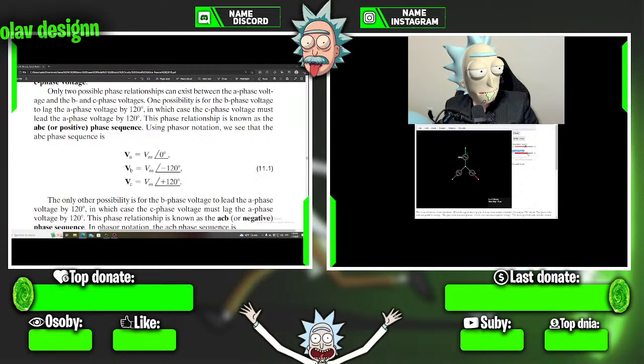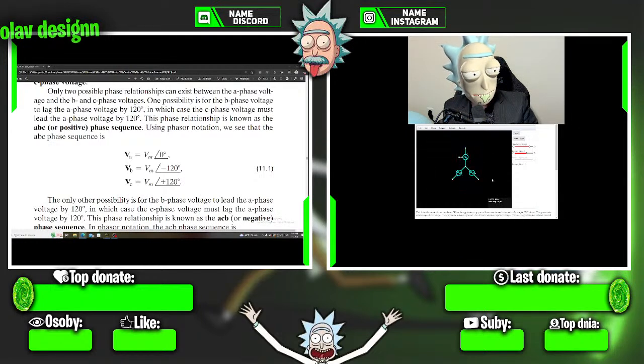So, let's increase the speed here. See if you realize what's going on. If you follow this with your eyes, the red line is kind of rotating in a clockwise motion.